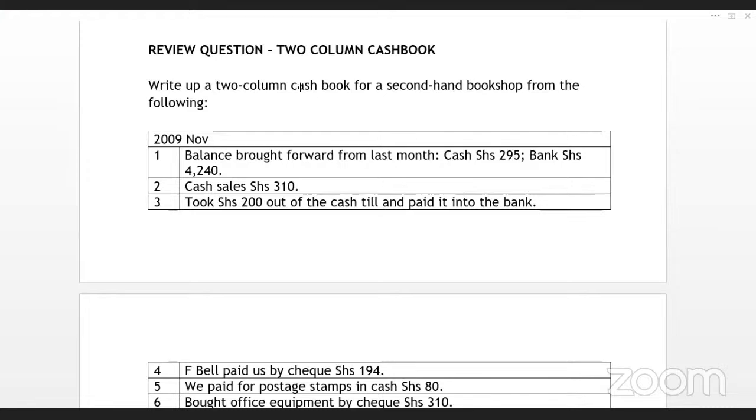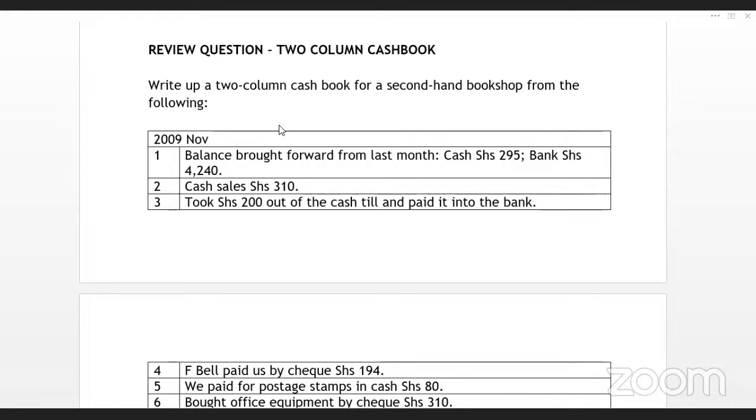Okay, so we are going to do that number, page 63, two column cash book. It's what we are going to look at. Someone will read for us this question.